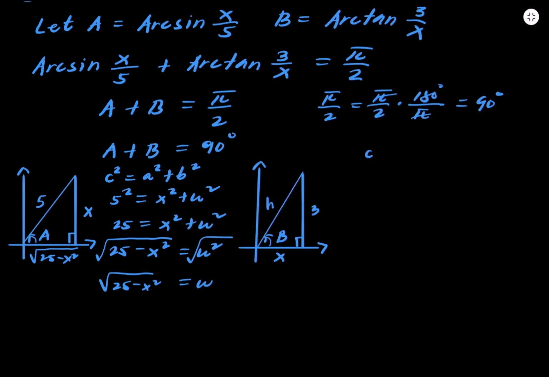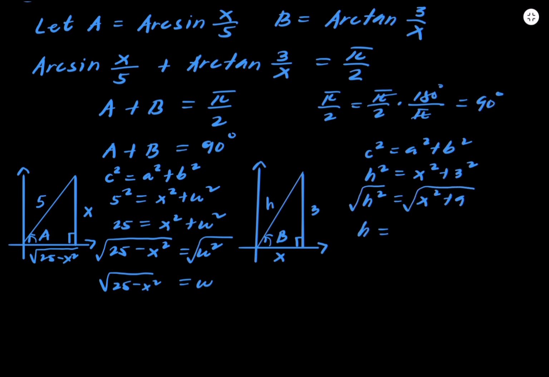Again, applying the Pythagorean theorem, we have H squared equals x squared plus 3 squared. H squared equals x squared plus 9. So extracting the roots, we have H equals the root of x squared plus 9. So the hypotenuse is the root of x squared plus 9.